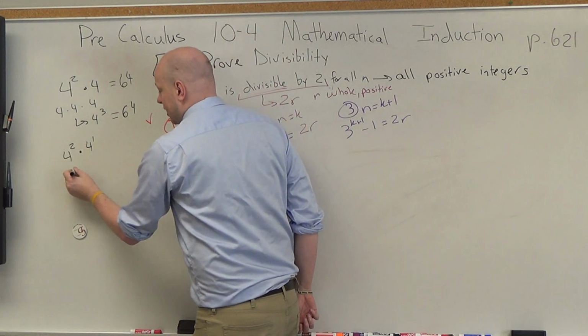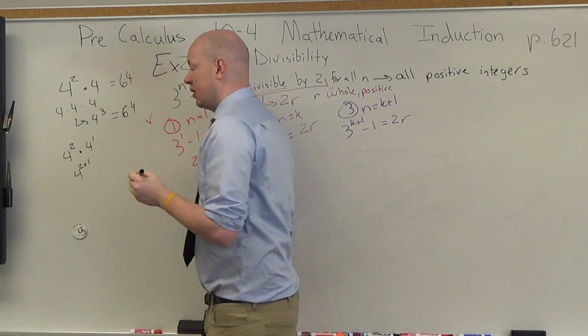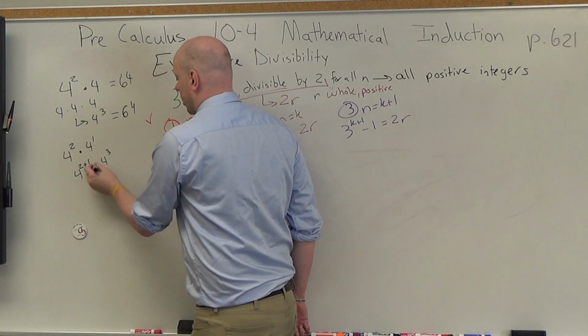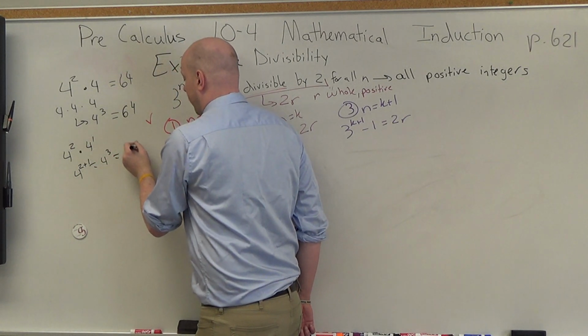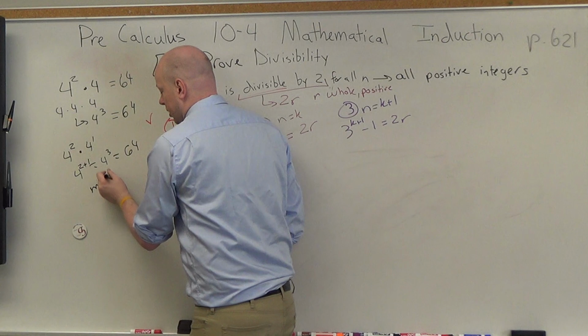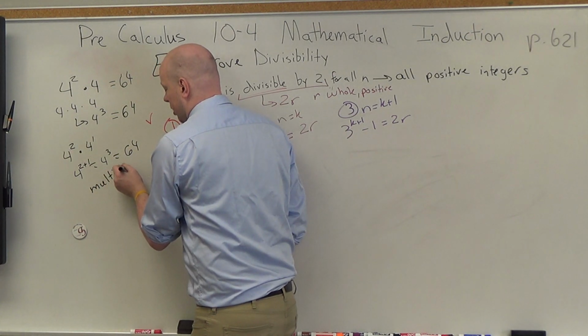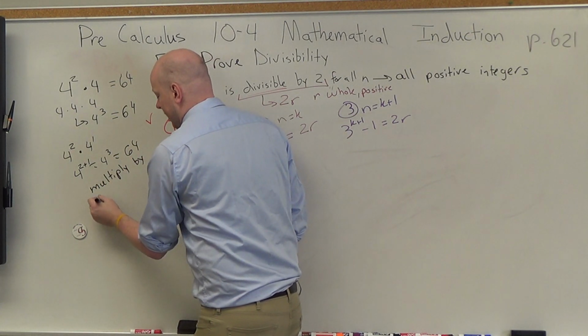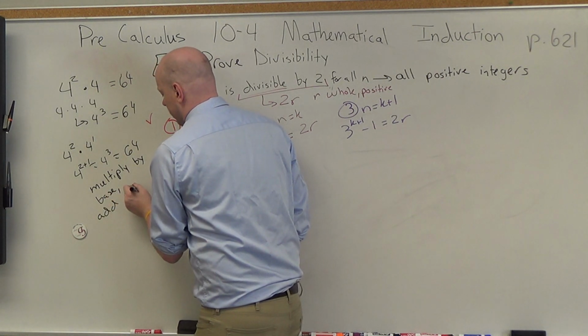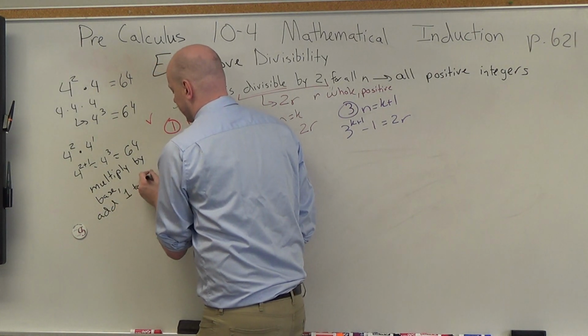So again, that's the same thing as 4 to the power of 2 plus 1, or as we said earlier, 4 to the power of 3, which just means 64. So if I multiply by the base, I can add 1 to the exponent.